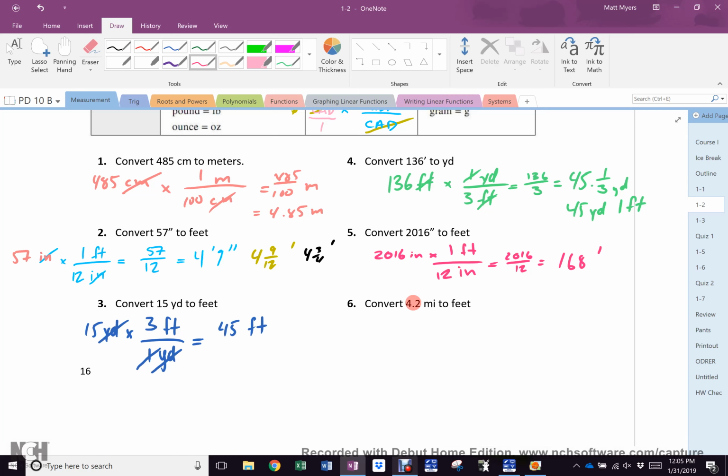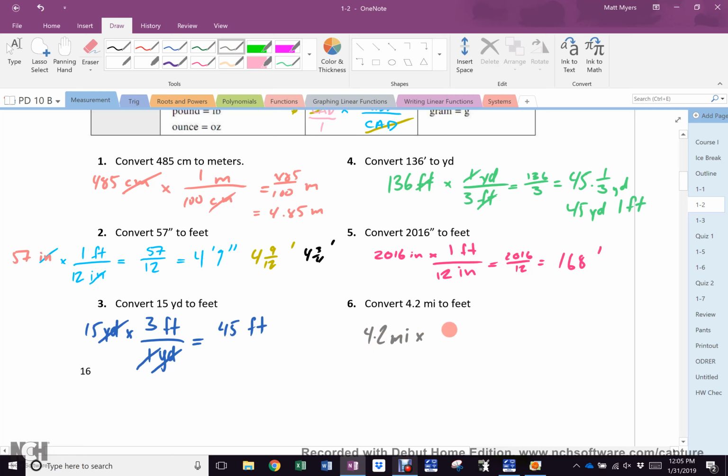Now let me ask you this. Does this look different than every other imperial thing we've ever done? Yes, because it's got a decimal. But do looks matter? No, because in math there's rules. Do I have a quantity from where I am starting? What is it? 4.2 miles.